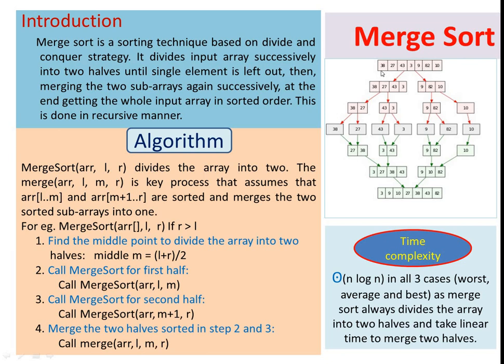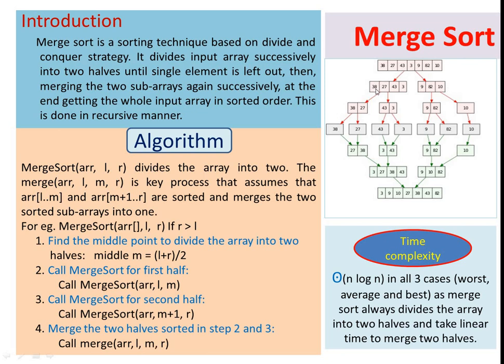Now I will apply merge sort to this input array, where the lowest index is 1 and the rightmost index is 7. First the middle value is calculated, which is 3. So it results in two subarrays: the lower half subarray contains 4 values and the upper half subarray contains 3 values.